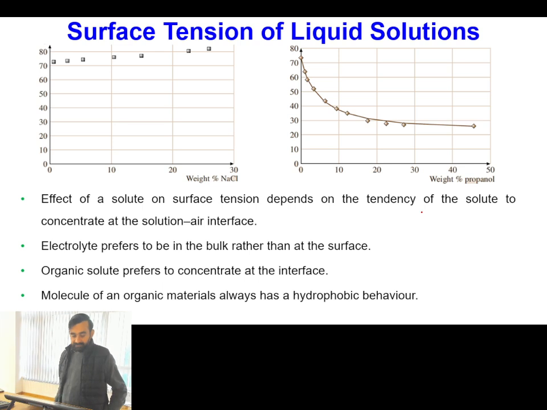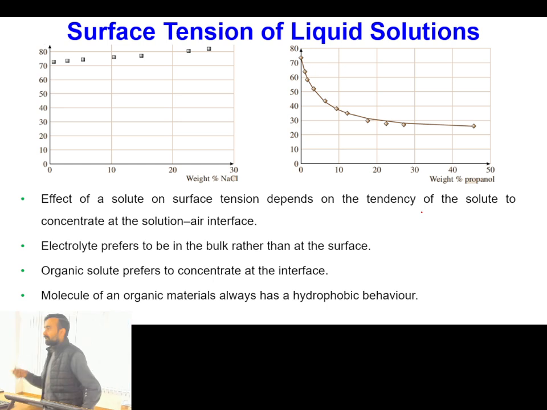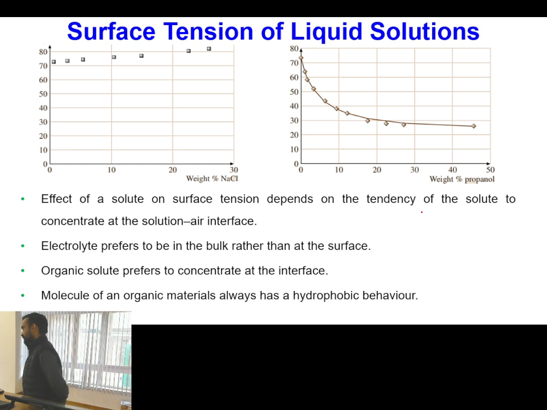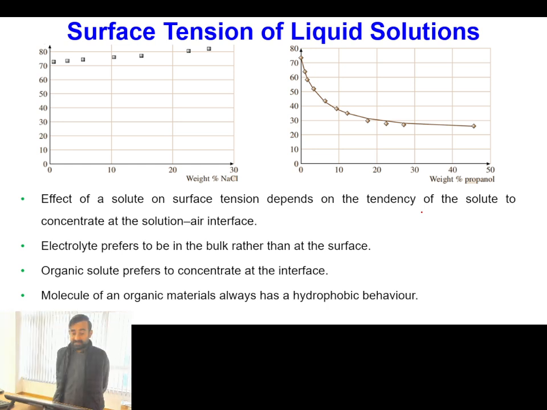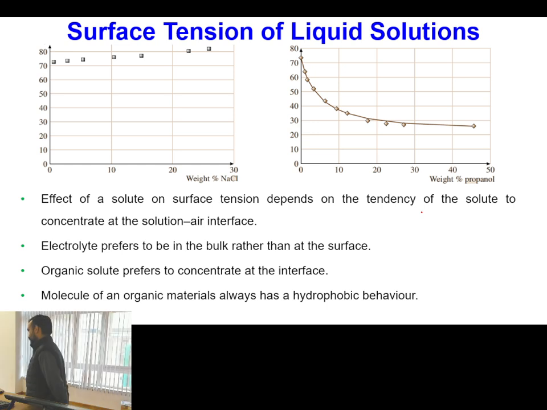Now surface tension is a property, and ultimately why is it coming? It is coming because of the charges and the molecular effects. So it's a property which is very sensitive to the presence of impurities at the interface.